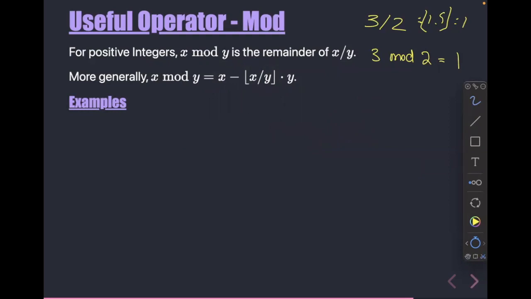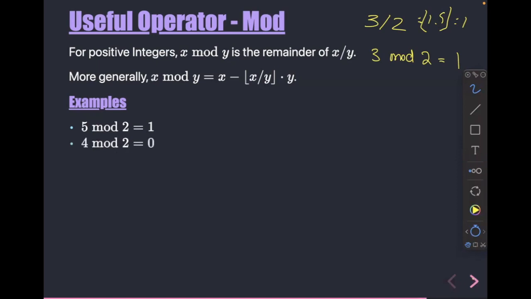So let's do some examples of mod just so we get used to calculating the remainder, because that's really what we're doing here. So 5 mod 2. The remainder, if you divide 5 by 2, is going to be 1. 4 mod 2, the remainder, if you divide 4 by 2, is going to be 0. -1 mod 2 is going to be 1.